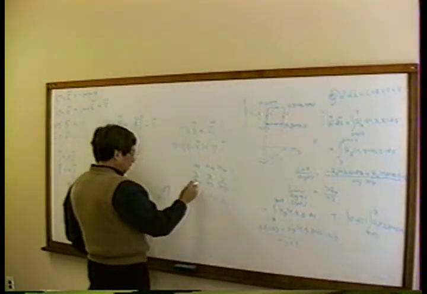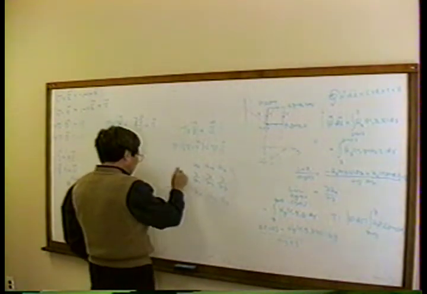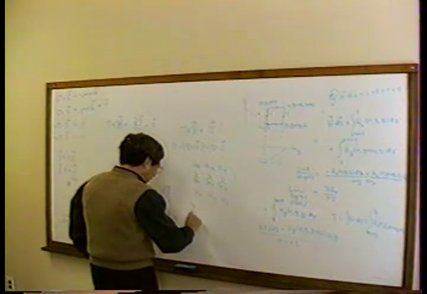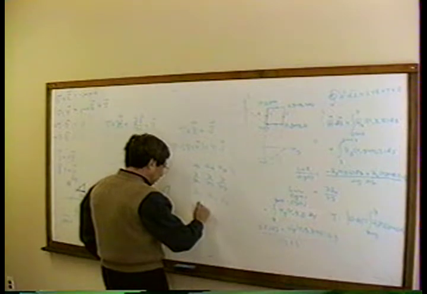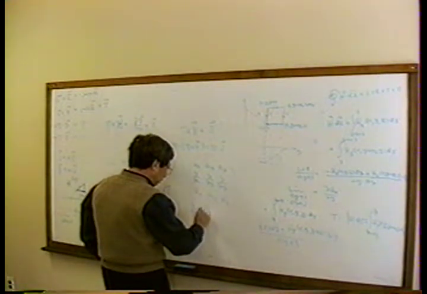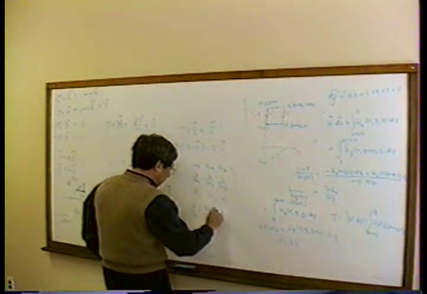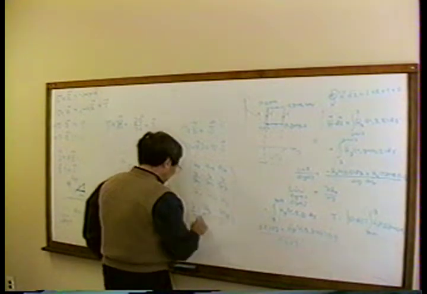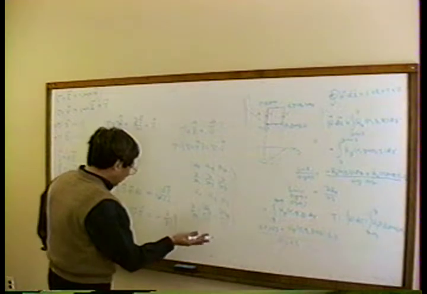Just do 2 dimensions. Del dot that is d by dx on the x component. The x component is dHz dy minus dHy dz. You're not getting anywhere.